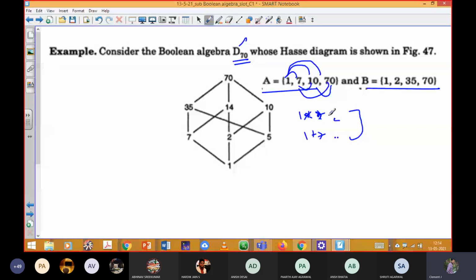If it satisfies the closure property inside A, and also inside B, then you can confirm A and B are sub-Boolean algebras. Have you understood these examples and the related definition? Is it clear? Yes, sir.